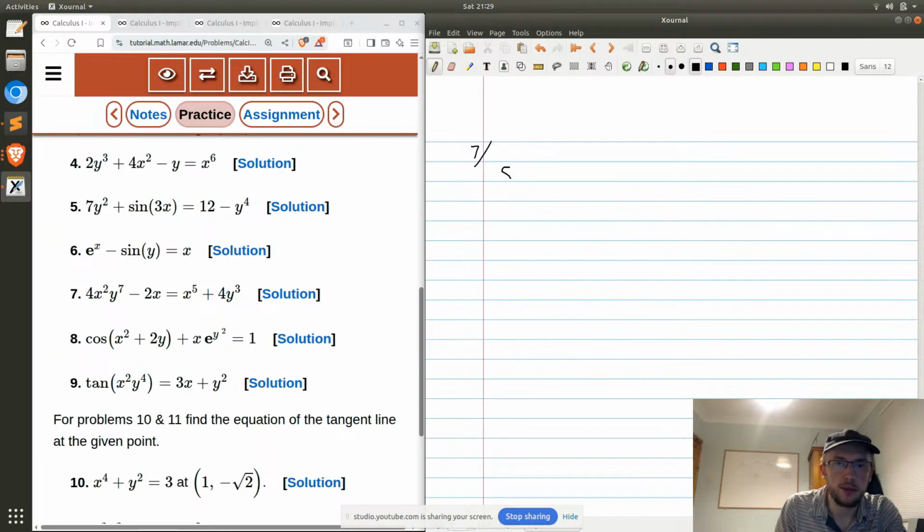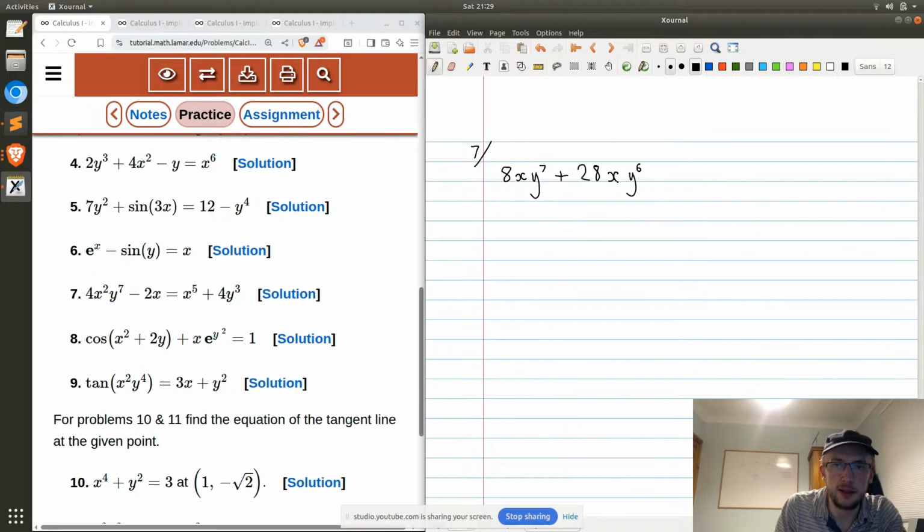So we have 8x times y to the 7 plus, that'll be 7y to the 6, but then the 7 gets multiplied by the 4, so we get 28 y to the 6.